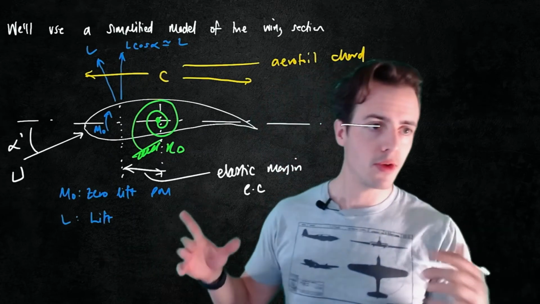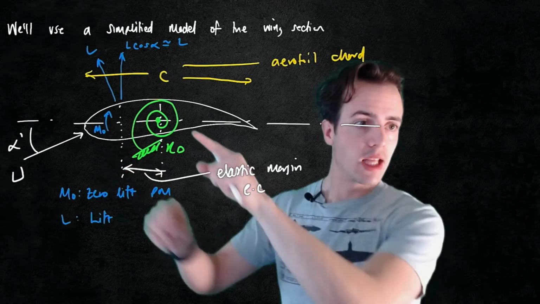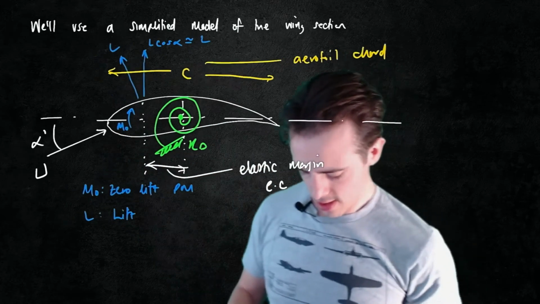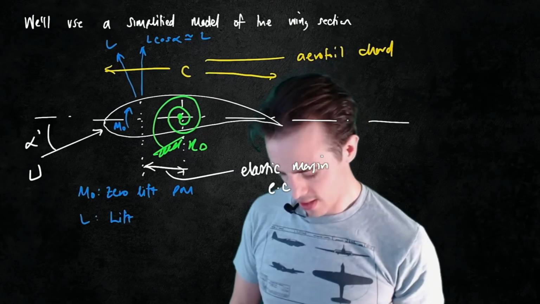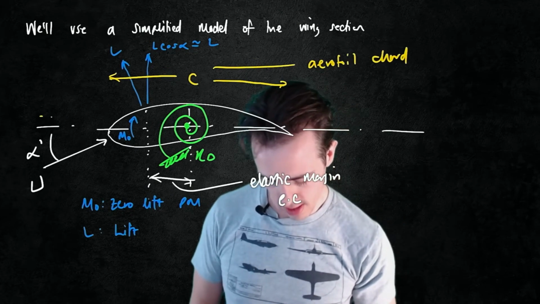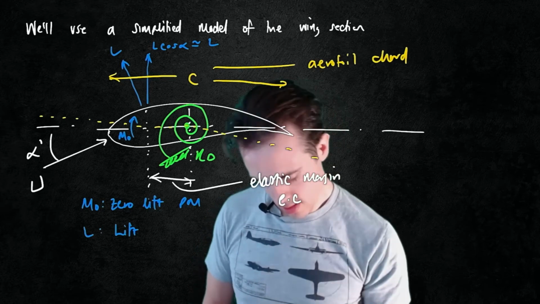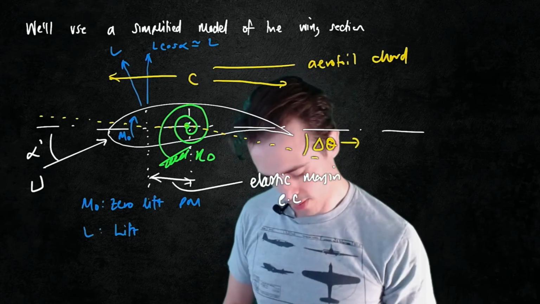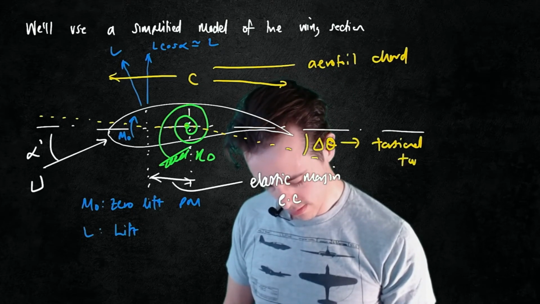So this is our model here, and we can see now, if we know what the torsional stiffness is, we can then relate this lift here to the deflection delta theta. I'm actually not going to draw that on here as itself, but we can see this angle here. Let's say delta theta, this would be torsional twist.